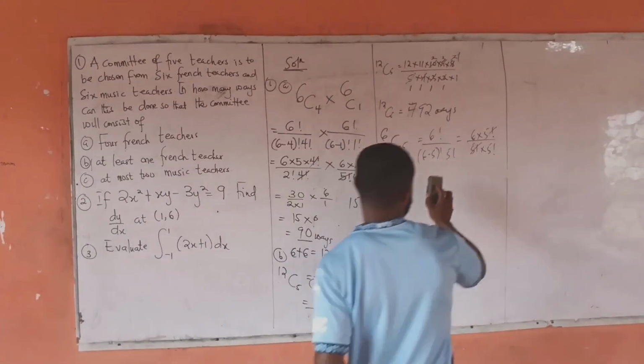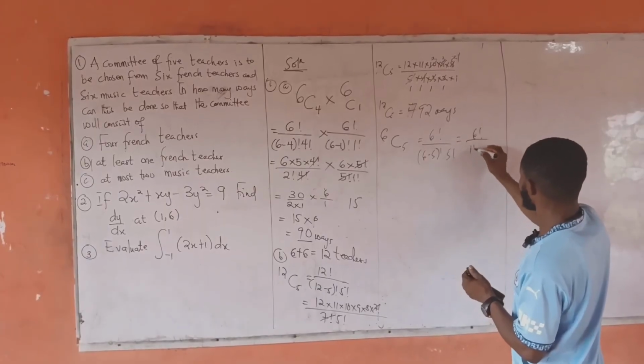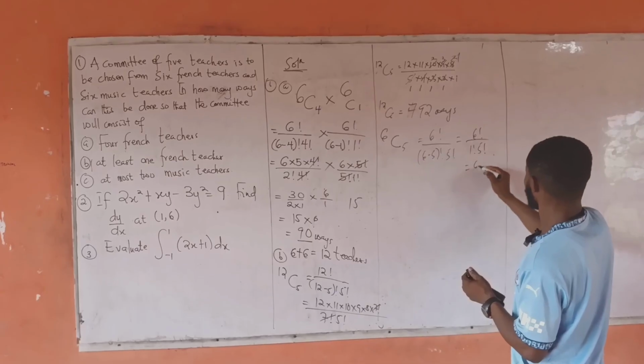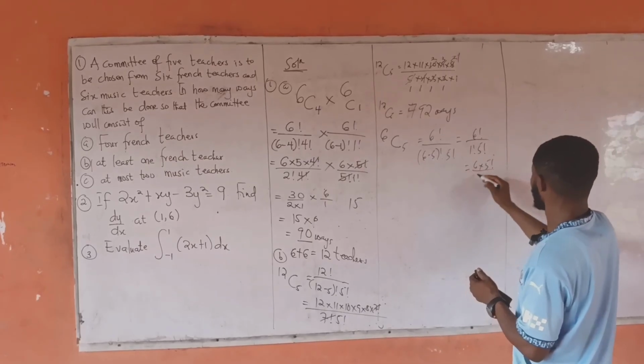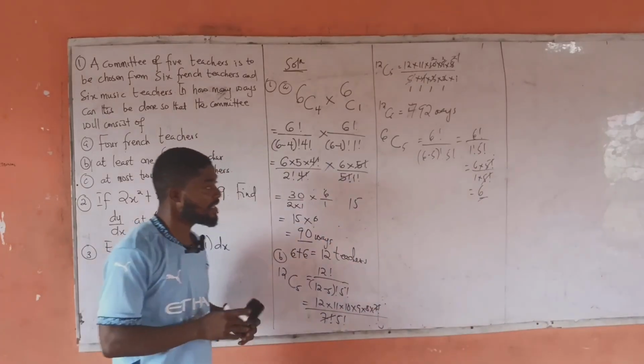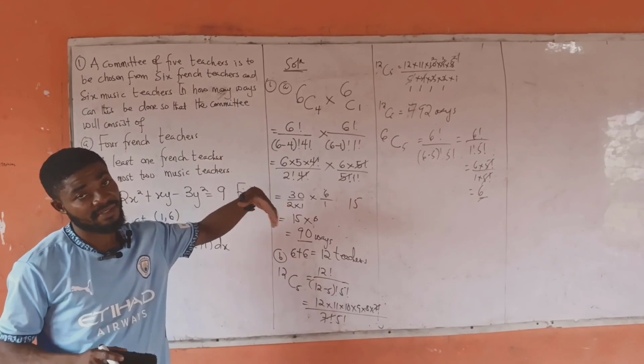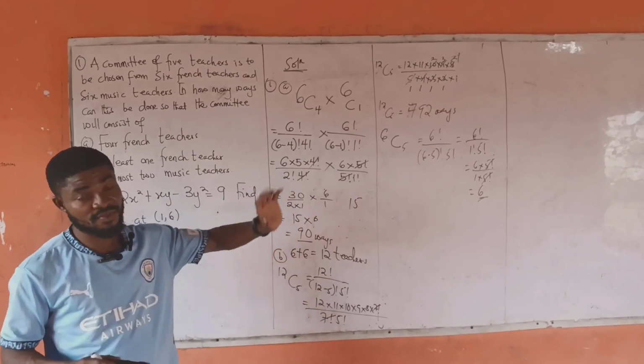Yeah, so sorry. So we have 6. When we choose all the 5 teachers from the French division, we are going to have 6 ways to do that.